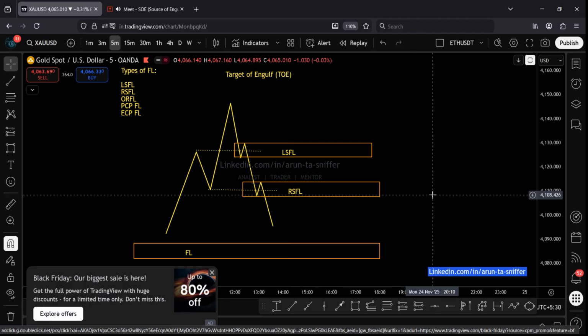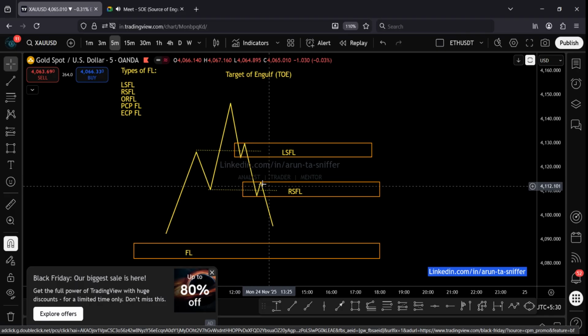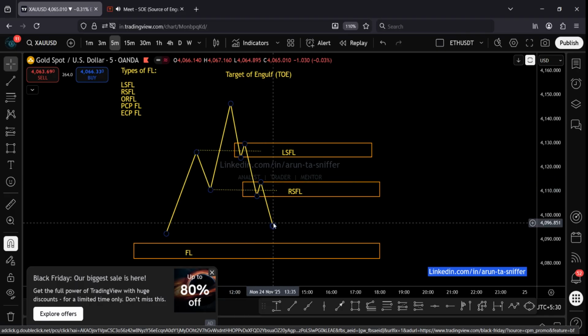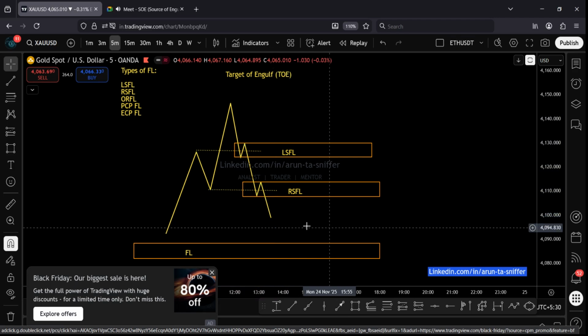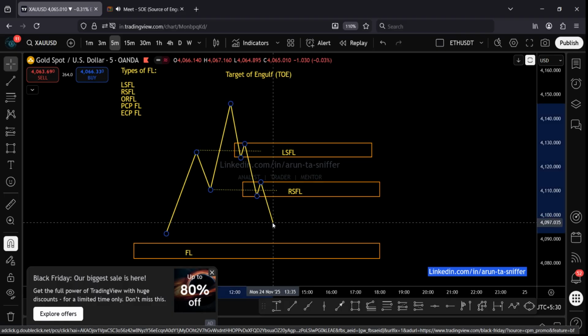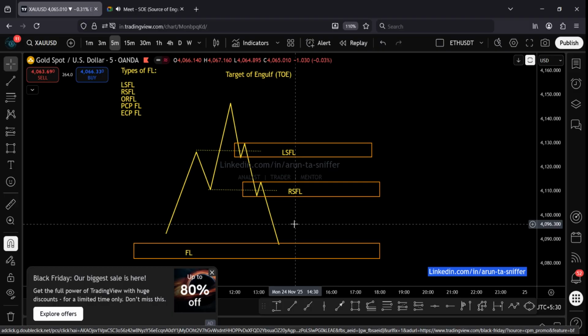So what happens once price makes this LSFL and comes down and reaches the target, then that is good.